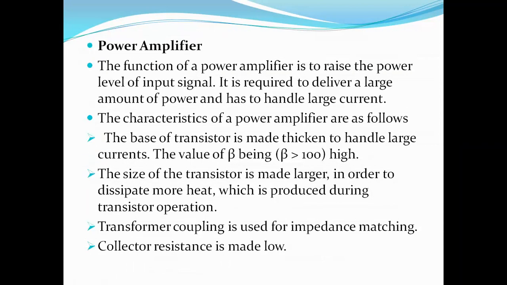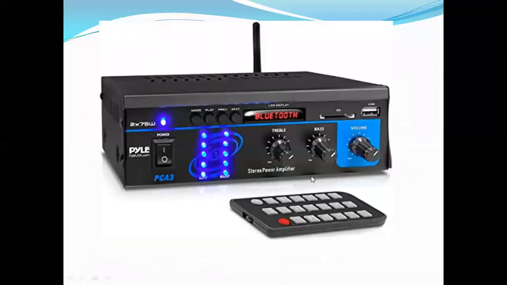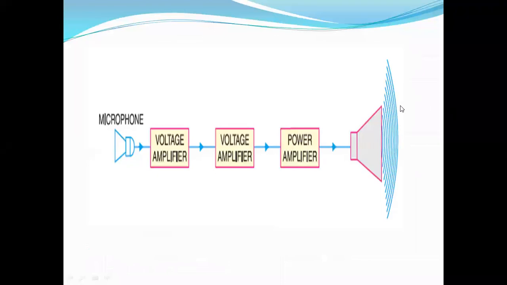And next, transformer coupling is used for impedance matching. Normally, a voltage amplifier uses RC coupling. A power amplifier uses transformer coupling. Here we are using a step down transformer because the loudspeaker impedance is very low. If you observe the figure, the loudspeaker impedance is low.